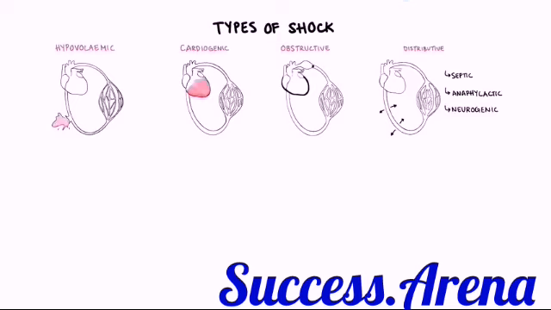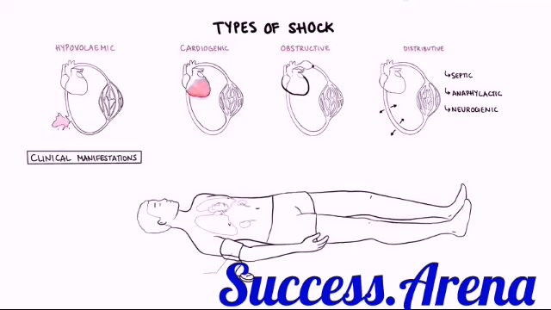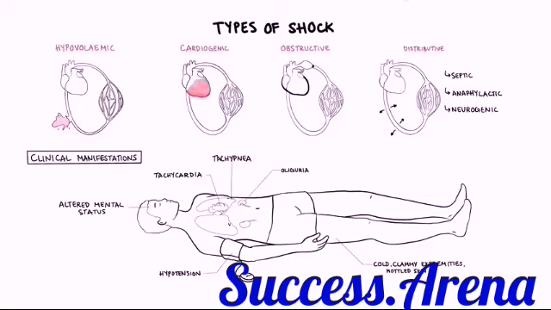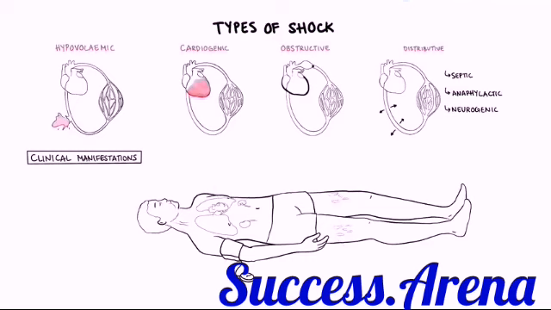Now, these different types of shock usually have a similar clinical manifestation, which is hypotension, tachycardia, tachypnea, an altered mental status, cold, clammy extremities with mottling of the skin, and oliguria. Other features will depend on the type of shock.